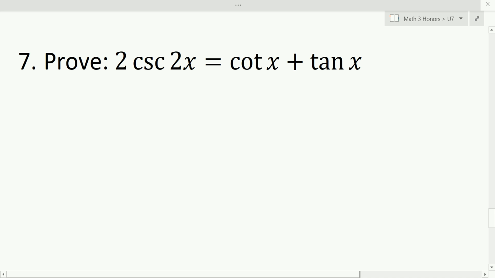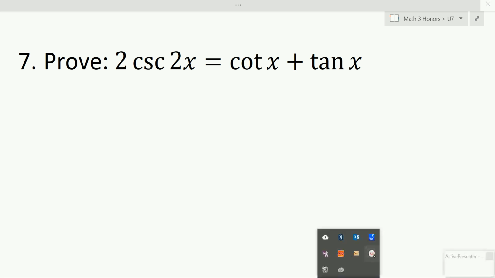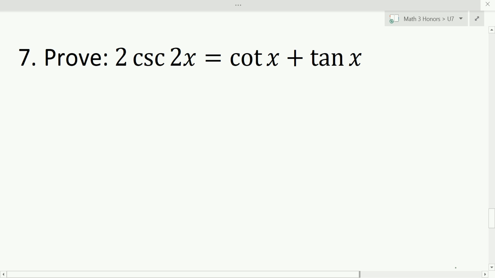Again, it's not going to be too hard once you get in and try it. Okay, so first step is maybe to change it from cosecant to sine. And when you change it, 2 stays in the numerator, and sine moves down to the denominator.